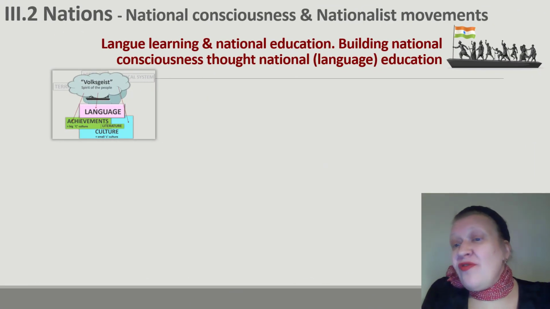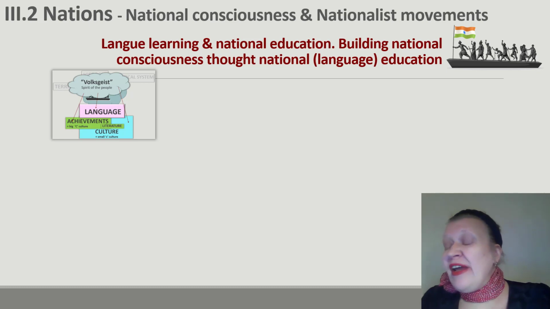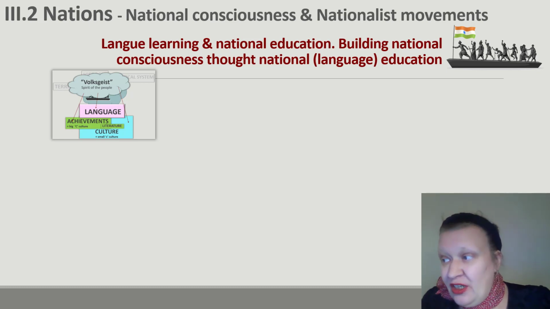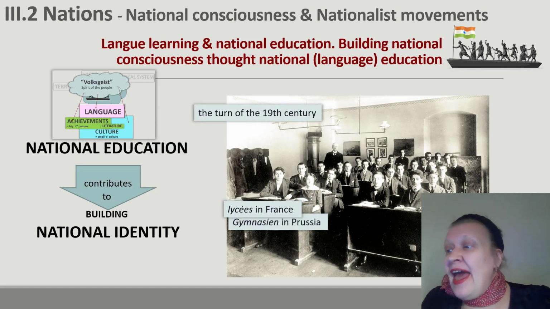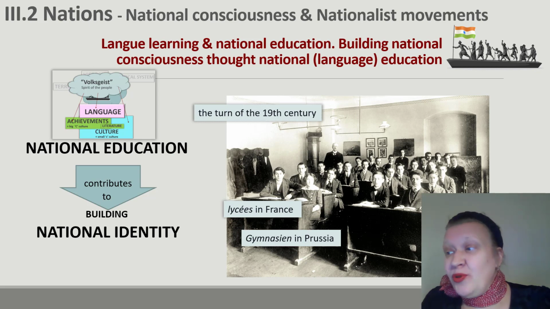From the idea of national consciousness expressed through national language and culture arises the idea of national education. The lycée in France and the Gymnasien in Prussia had been conceived from around the turn of the 19th century.